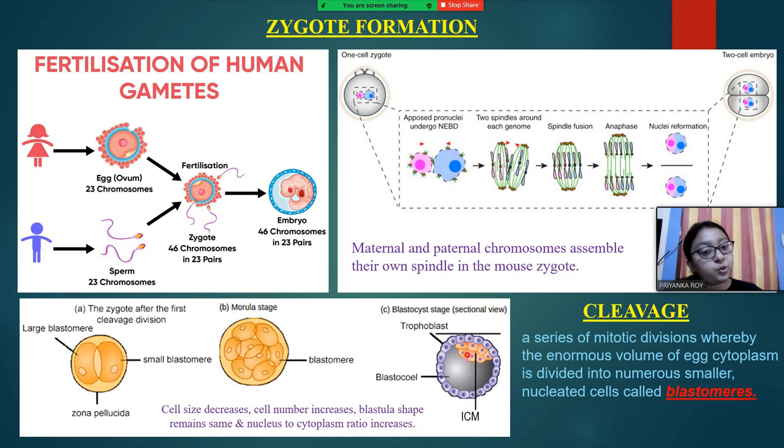All these individual cells of the blastula or the blastocyst are known as blastomeres. So this is what cleavage is: the cytoplasm is divided into numerous small nucleated cells, and these are called blastomeres.